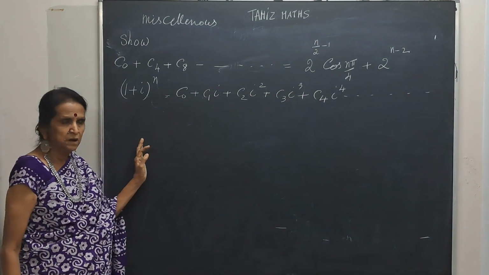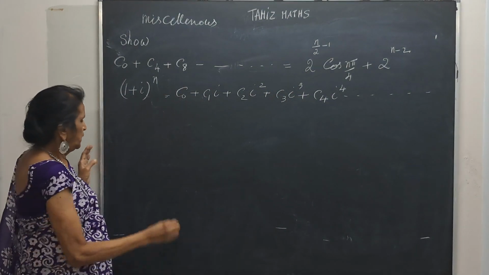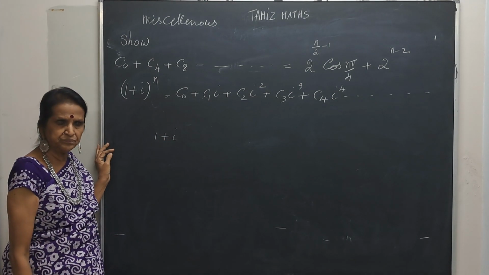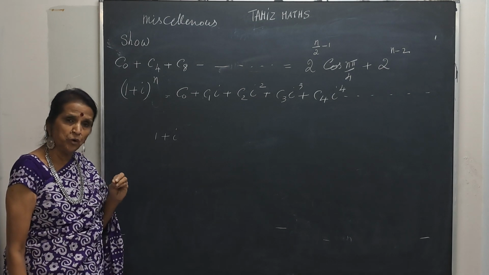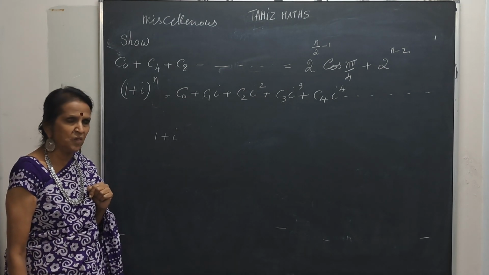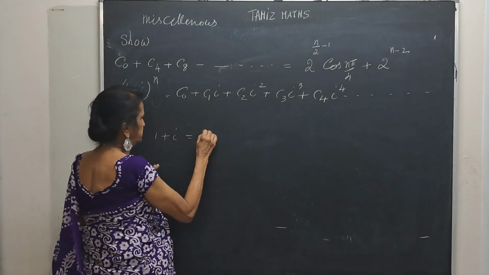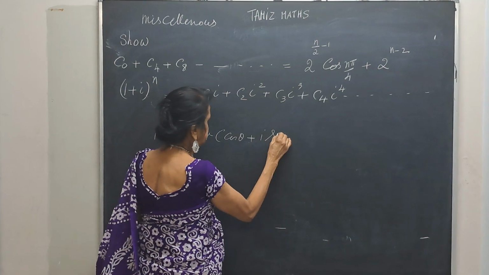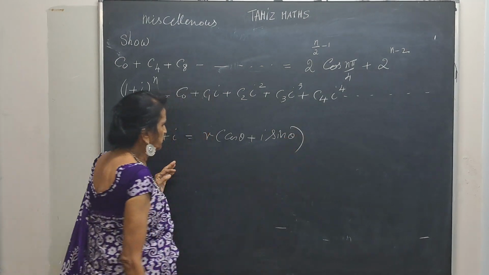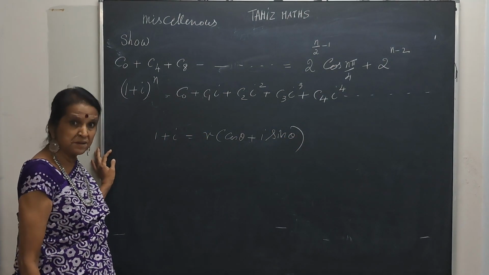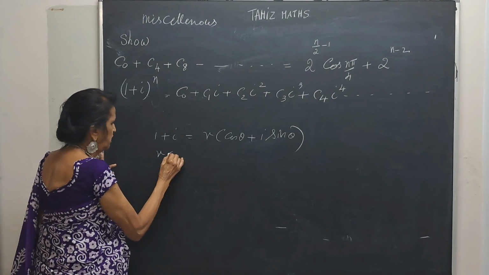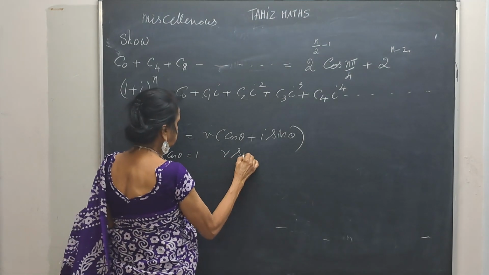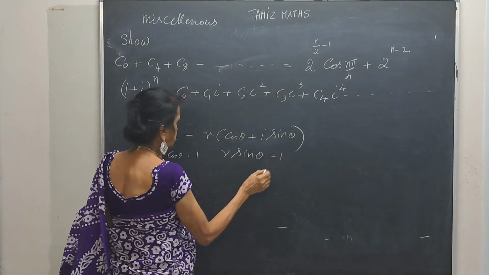Now, 1 plus i is a complex number in the Cartesian form. How am I going to put it in the polar form, because cos is there, no? Let this be equal to r into cos theta plus i sin theta. Equate the real part and the imaginary part. r cos theta is 1 and r sin theta is also 1.